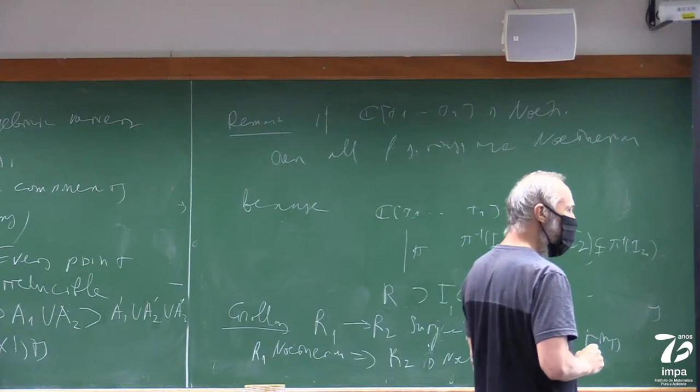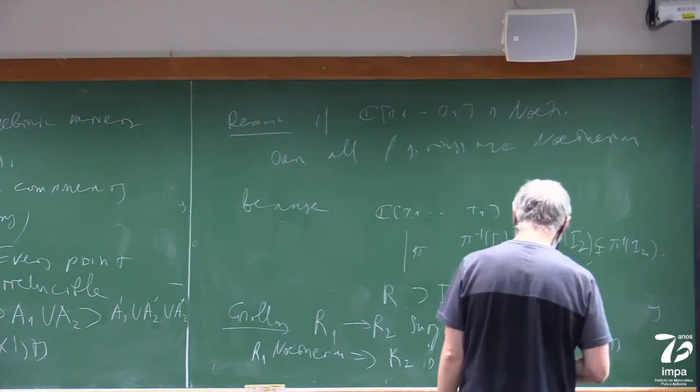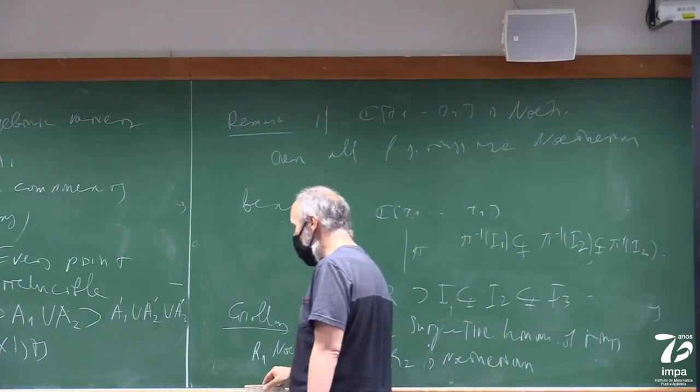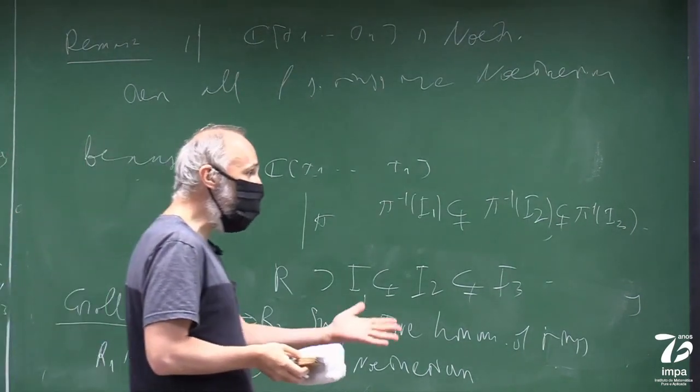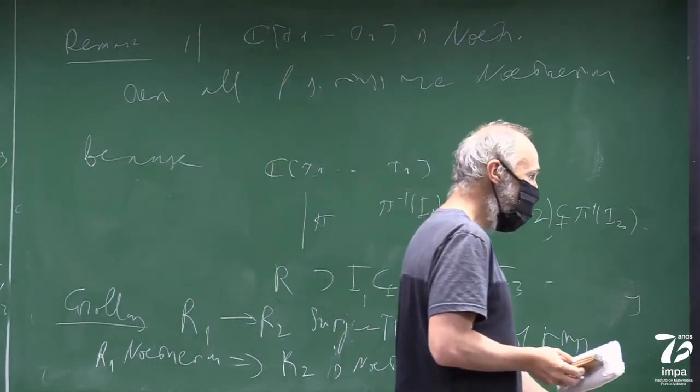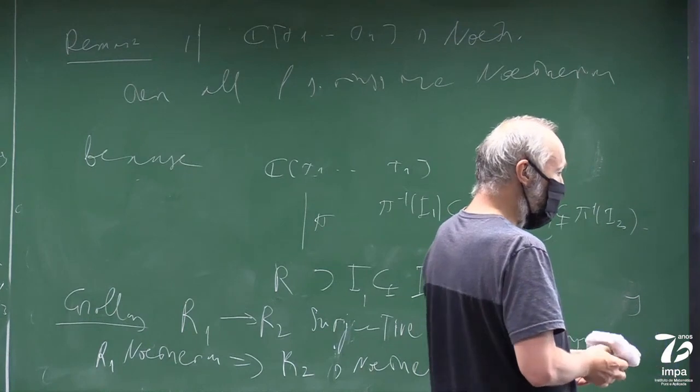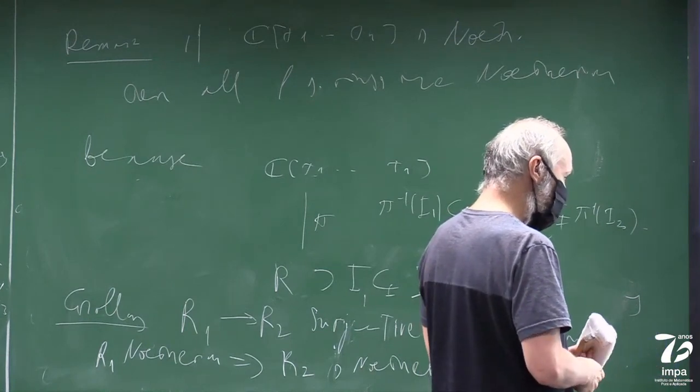Okay. Yeah, and this implies in particular that you would have an irreducible decomposition for each finitely generated ring, for algebraic varieties in particular.